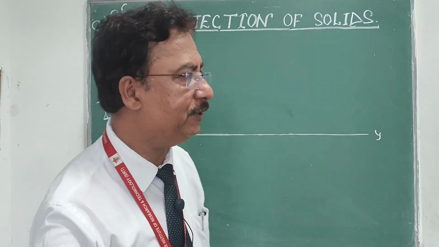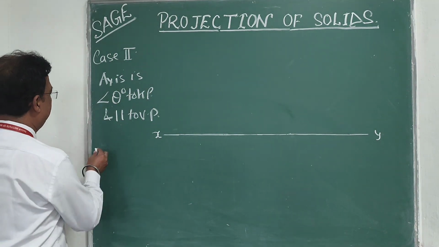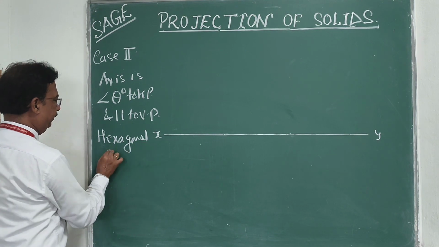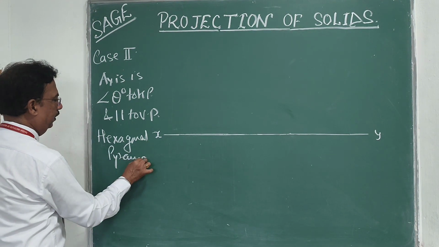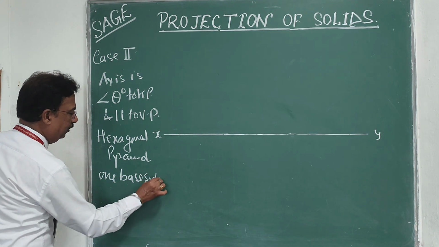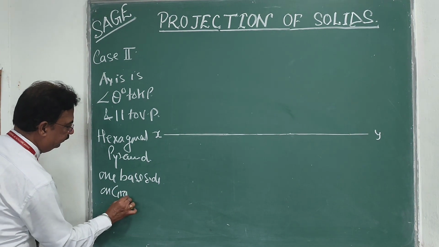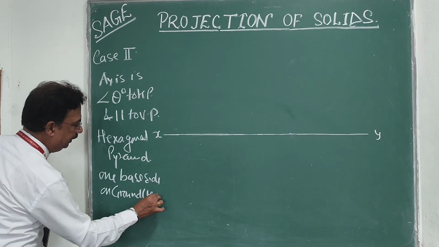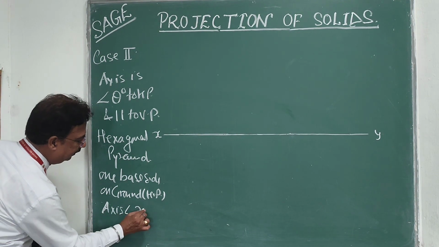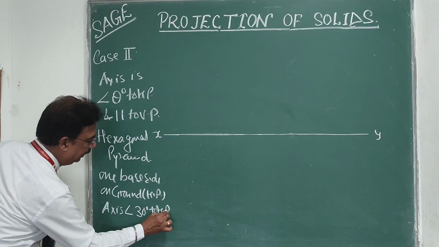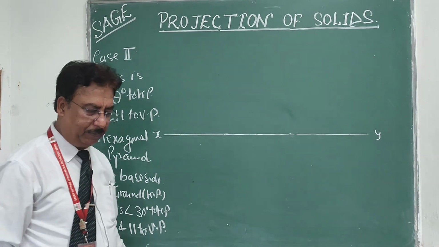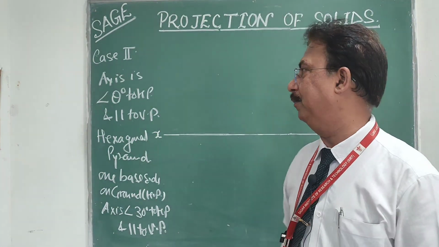So that is the simplest problem, one of the basic two-step problems.